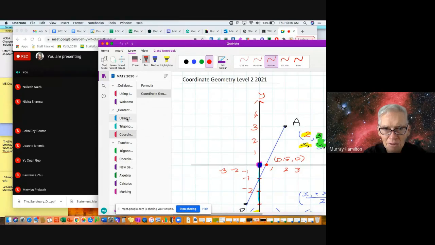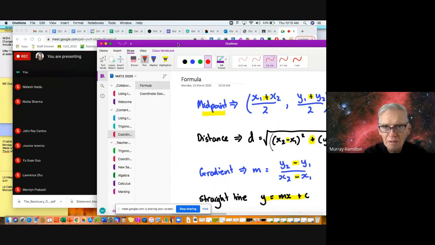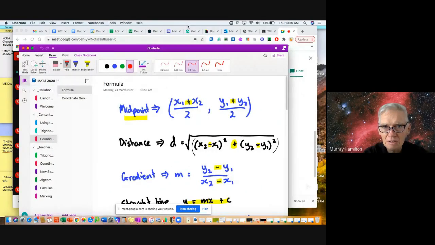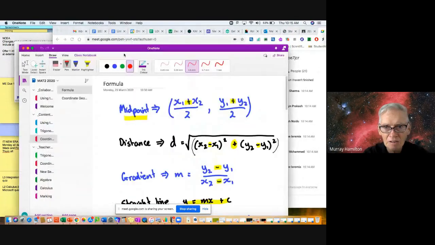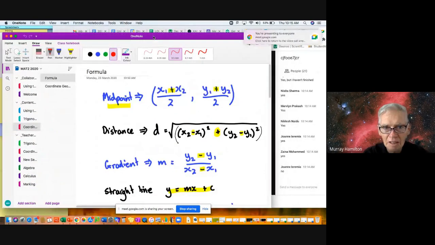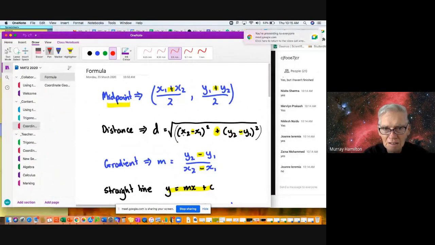So we want to have a look at coordinate geometry formula. Right, so just shift everything over so I can see the chats to the side and you can get back to me. Last time we did the midpoint and the distance formula. And note for the midpoint, you need to add the two things here. See how we have add here?